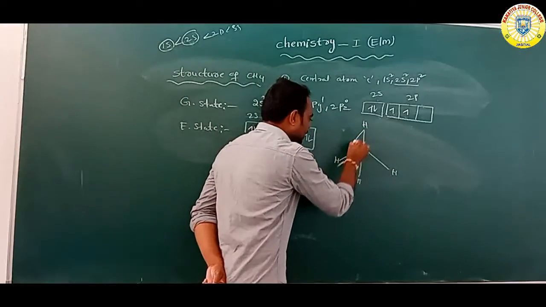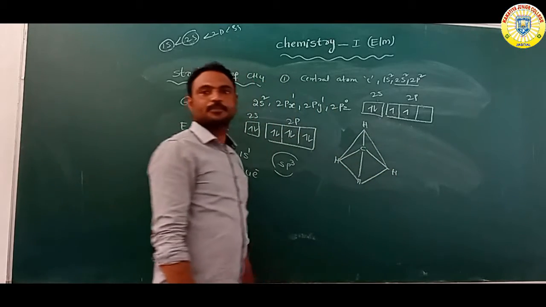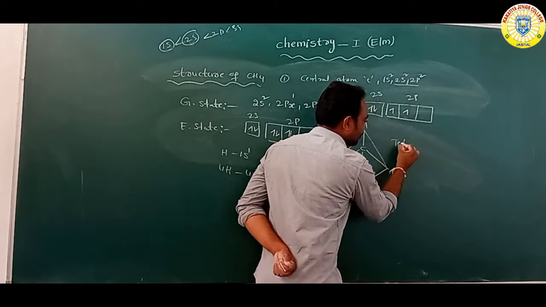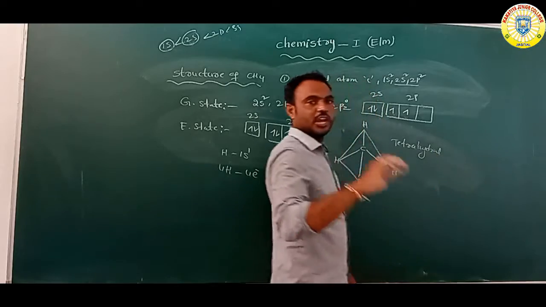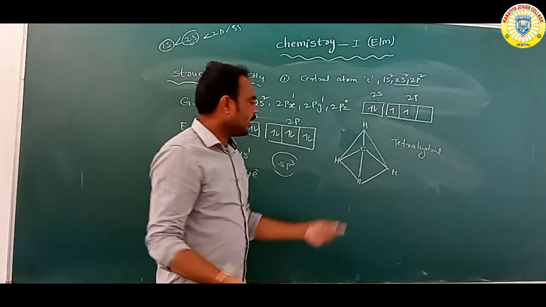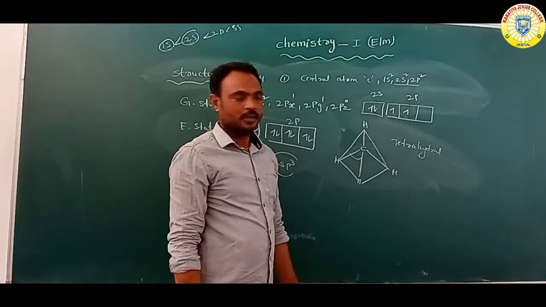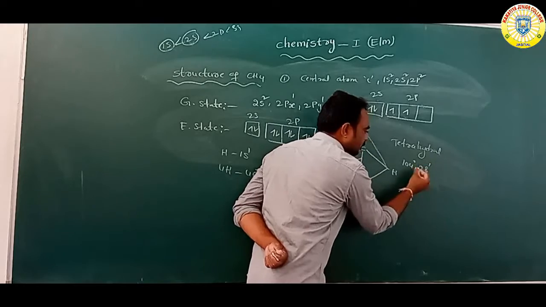So this structure is called a tetrahedral structure. What is the structure of methane? Tetrahedral shape. The bond angle is 109 degrees 28 minutes.